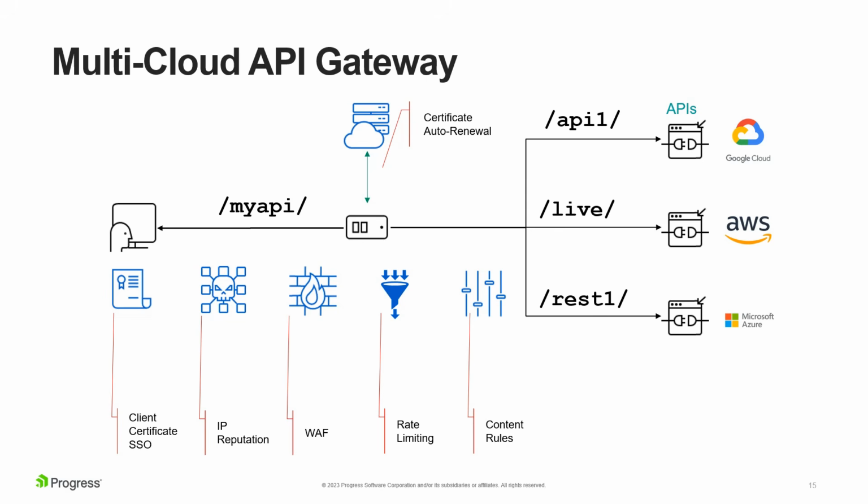So there's quite a lot of things that you can do there with content rules to essentially present this fragmented set of APIs at the back end to the front end as a unified single API with a single authentication in there as well. So that's an API centric view on that.